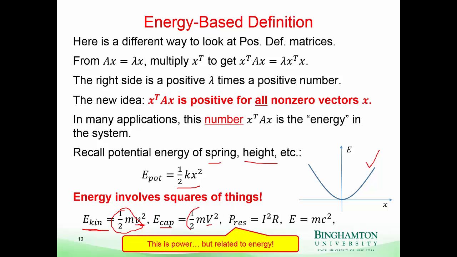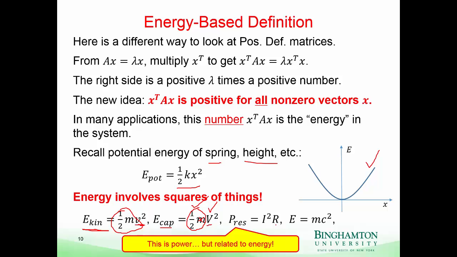Here's our proportionality constant. I didn't change my M. That should be capital C. I'll have to go fix that. But the important thing is not the constant out in front, at least for what we're talking about. It's that it's related to the square of the voltage.